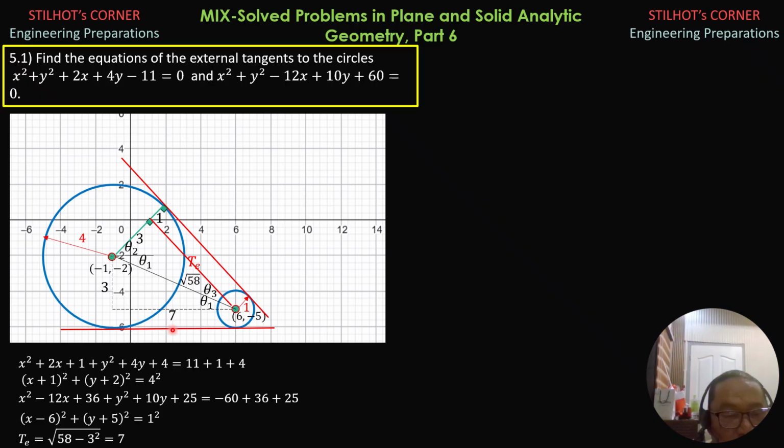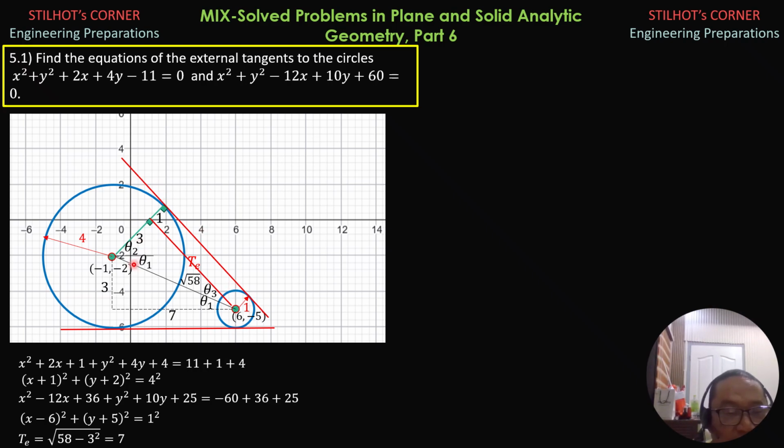That's why we conclude that this angle theta 1, that's also theta 1. Theta 3 is equal to theta 1 from the figure, if you notice. But we are interested in theta 2, because tangent of theta 2 is the slope of this radius, the bigger radius, which is perpendicular to this required tangent line, external tangent.